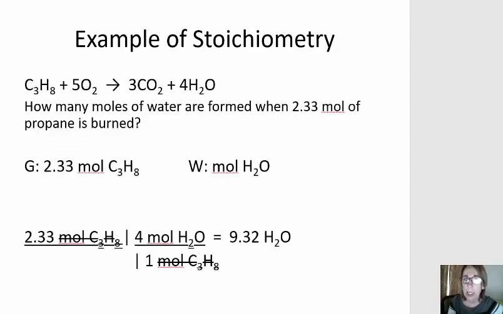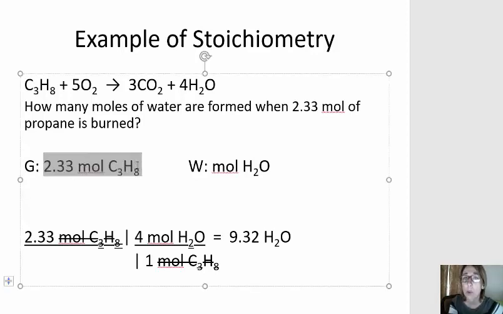So anytime you're doing a chemical calculation, you always want to be clear: what are you converting from and what are you converting to? So I always take the time to write down what I call the given, what I'm converting from, 2.33 moles of propane, and then clearly identify what I'm converting to. And we're asked to solve for moles of water.